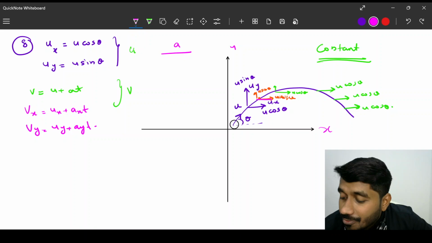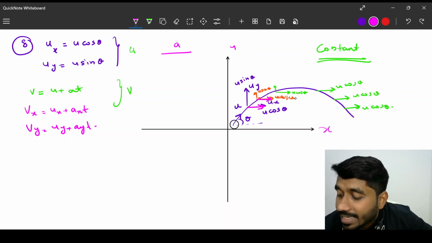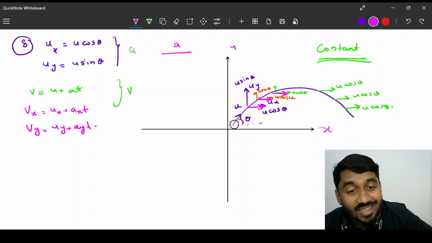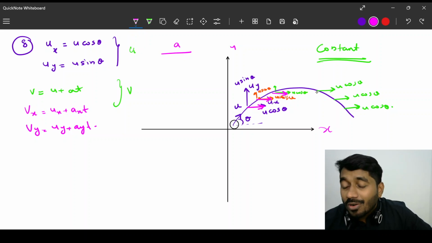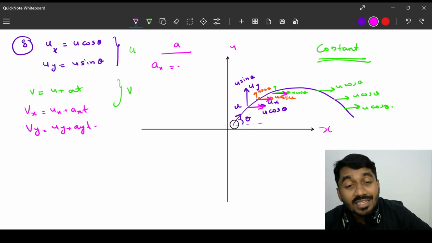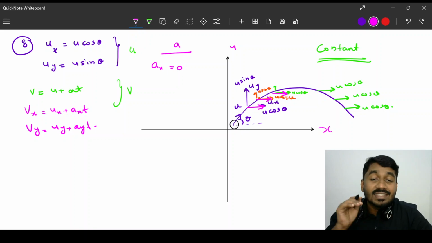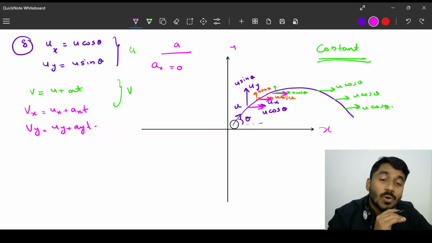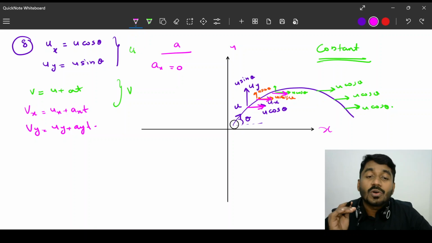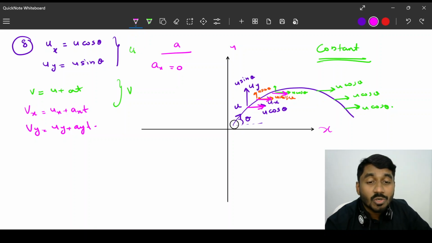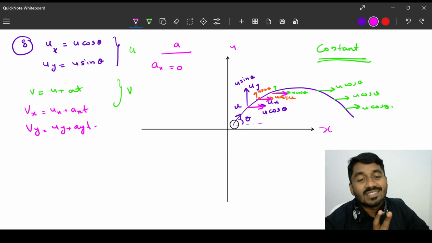Since the velocity in the horizontal direction is all the time u cos theta, it is not going to change. The horizontal component of acceleration will be 0. If anyone asks you the reason, you can tell them: in the horizontal direction, u cos theta is constant throughout the motion, and if the velocity is constant, acceleration will be 0.